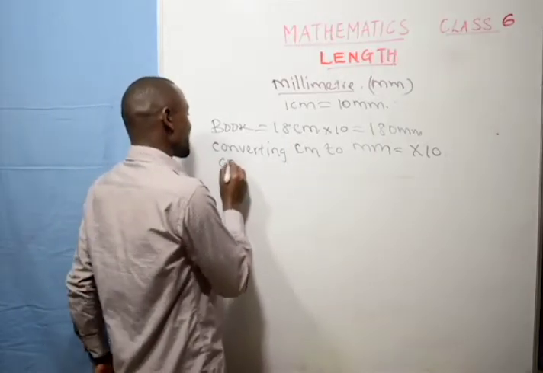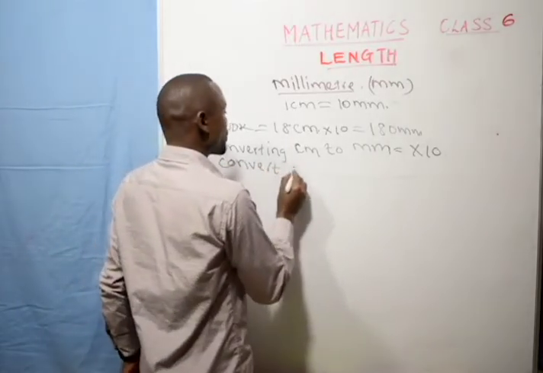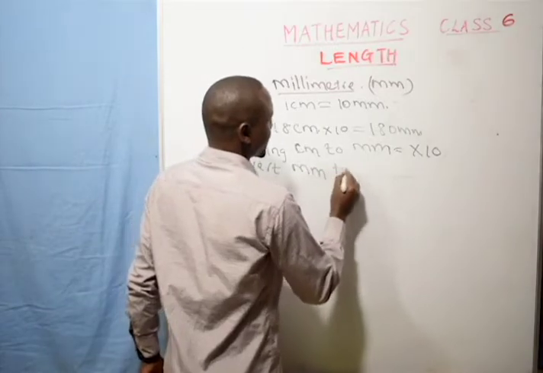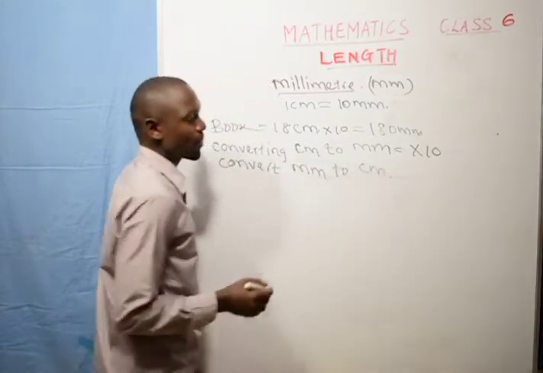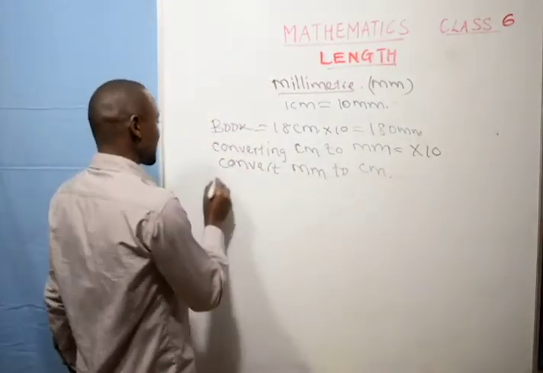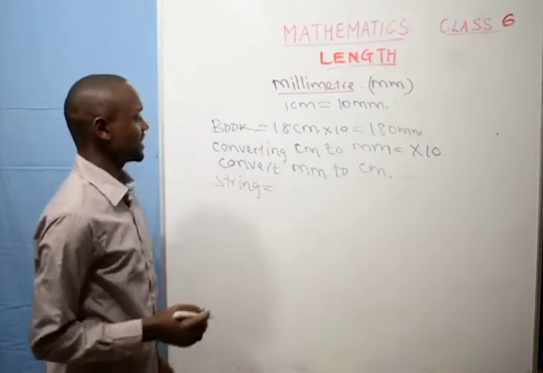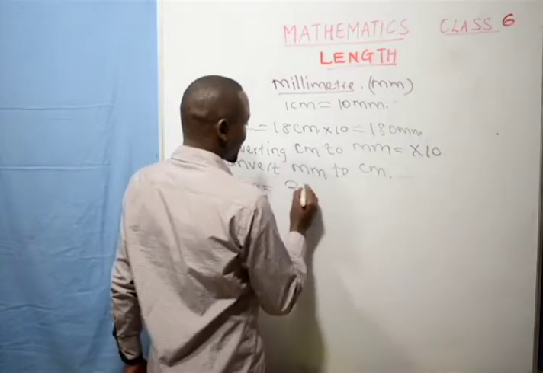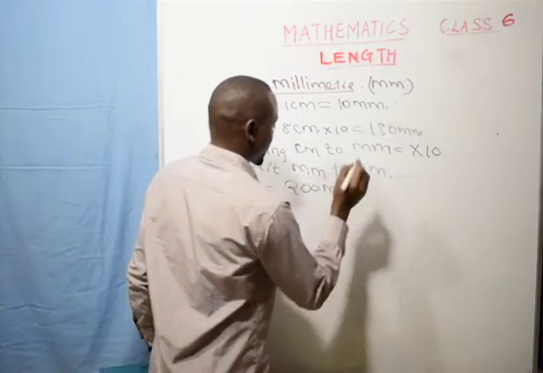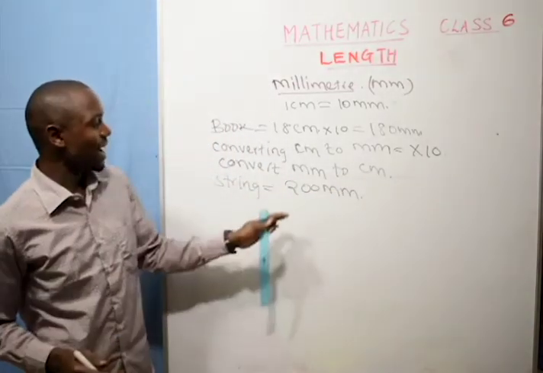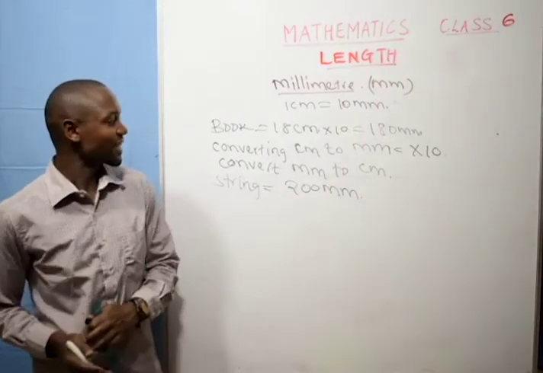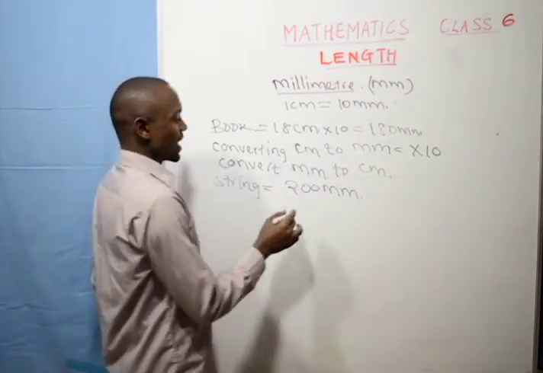How do we convert millimeters to centimeters? For example, the length of a string is 200 millimeters. What is that length in centimeters?